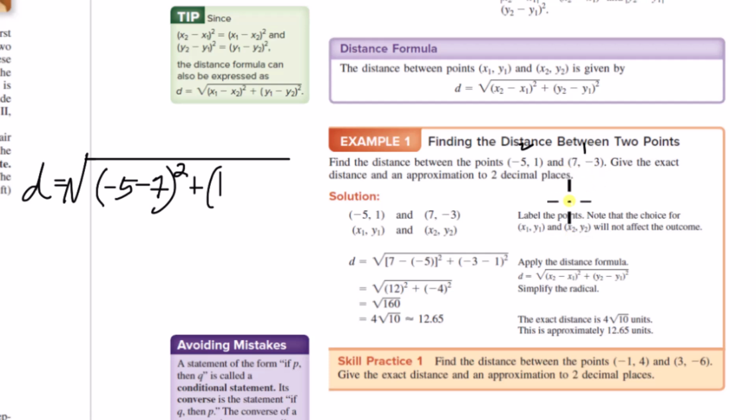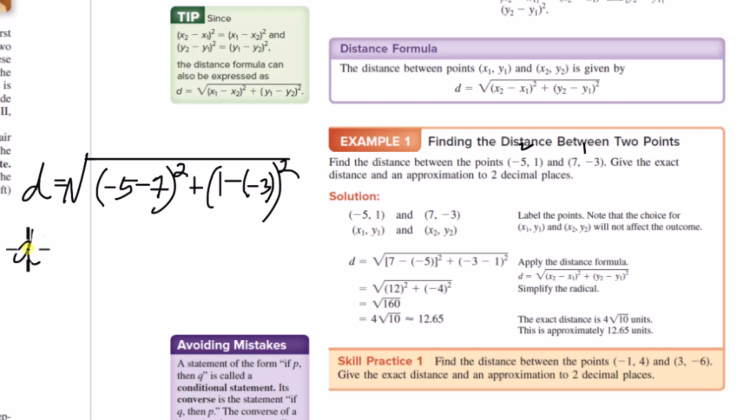This is really important. This is one of the skills in algebra that you need to learn how to do well. So we're substituting -3 here for y1. So it's y2 minus, and then what is y1? y1 is -3. You see?